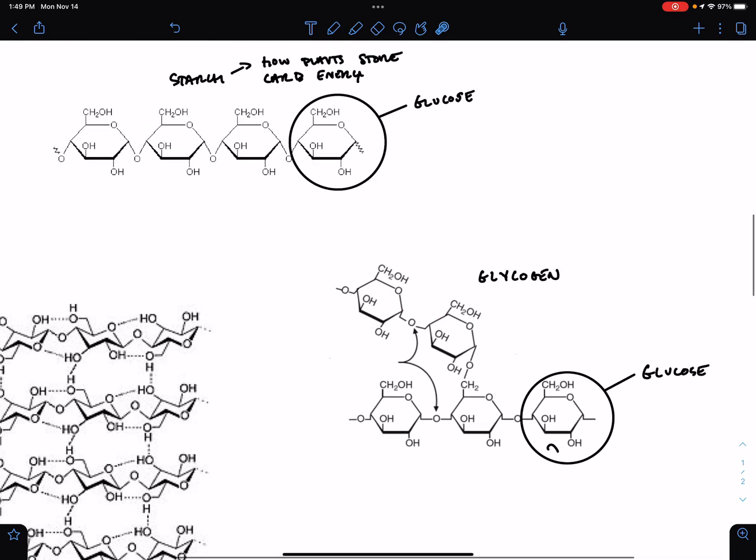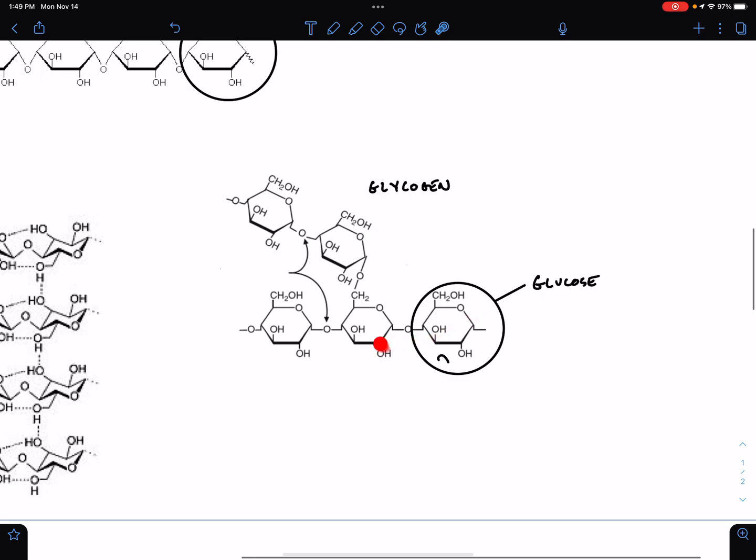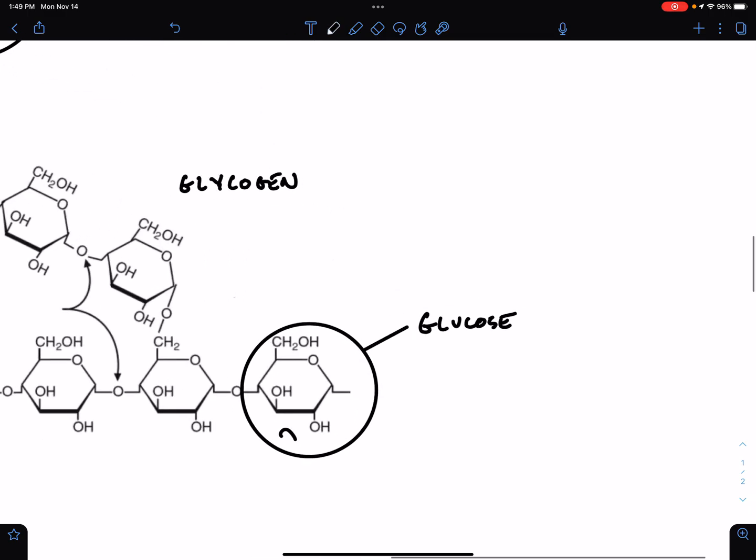So starch is always found in long, straight, linear chains, but glycogen is going to be forming branching chains. So this is how animals store carbohydrate energy.